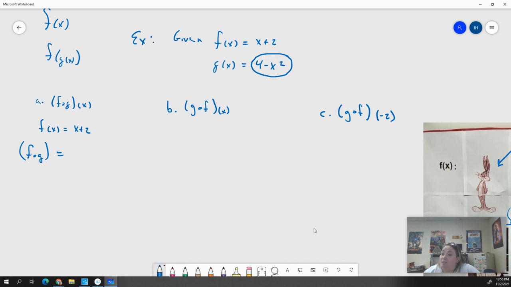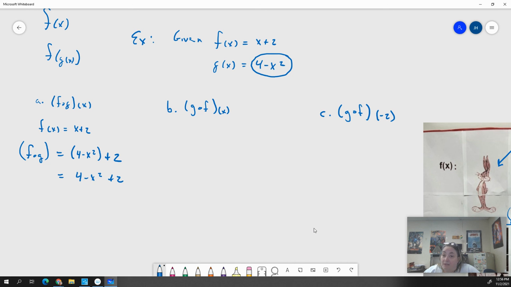So here I have x plus 2. Well, where the x is, I'm going to plug in 4 minus x squared plus 2. And then we're just going to solve it out, right? Well, there's nothing to distribute or anything like this, so it really becomes 4 minus x squared plus 2.